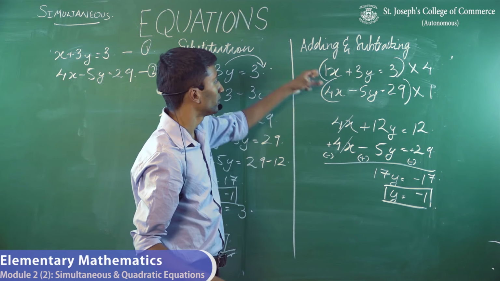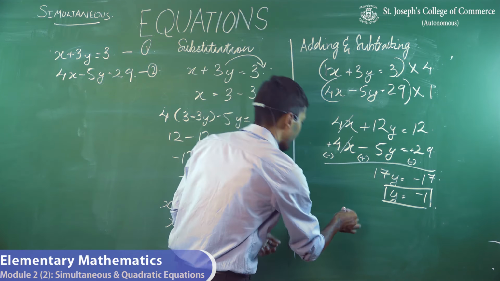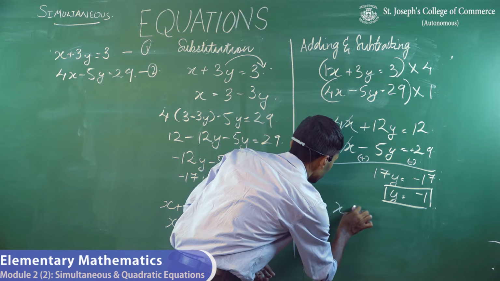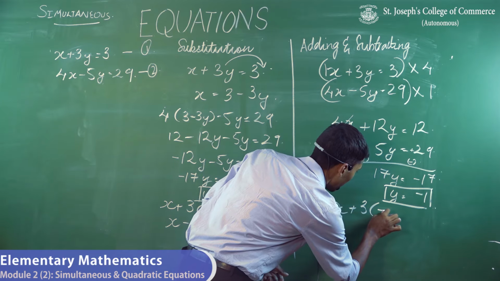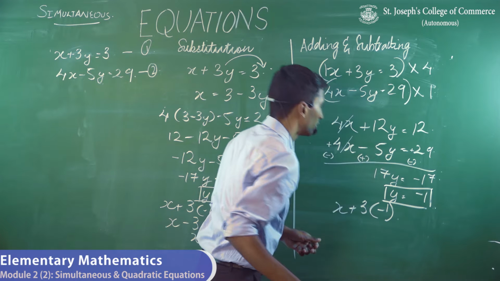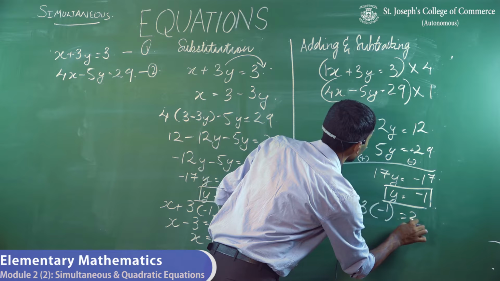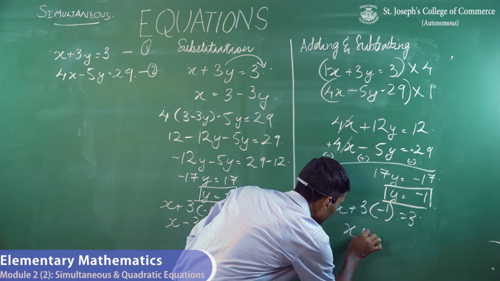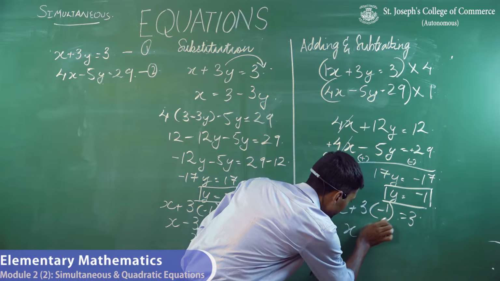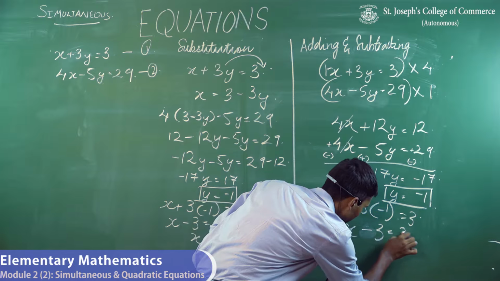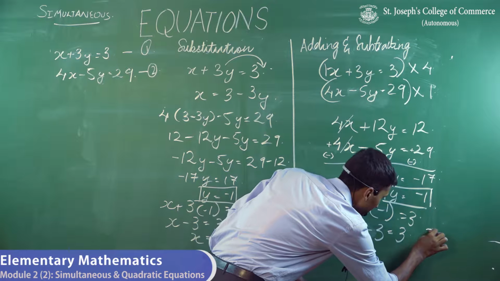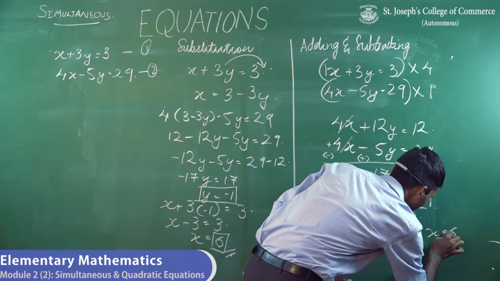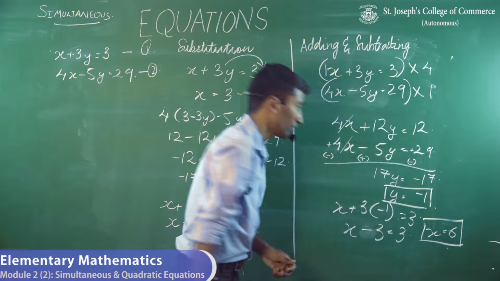Substitute it back into either one of these equations and you will get the same value, that is x plus 3 into minus 1 is equal to 3. So x minus 3 is equal to 3. So x is equal to 6. That's it.